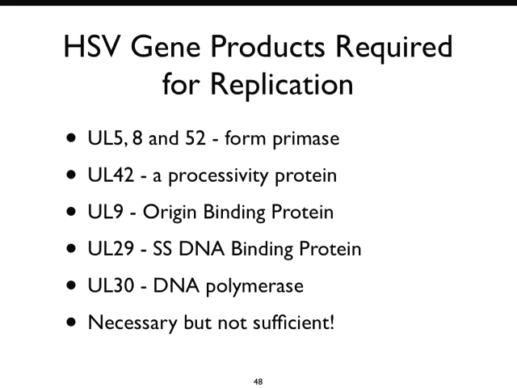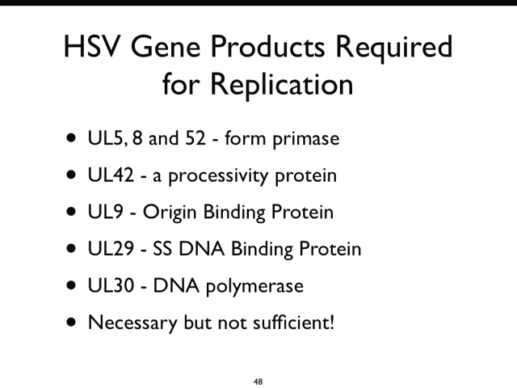So what has been done is each one of these gene products has been cloned, the DNA that encodes it has been cloned. And those clones have been transformed into mammalian cells along with a plasmid that has an origin of replication.